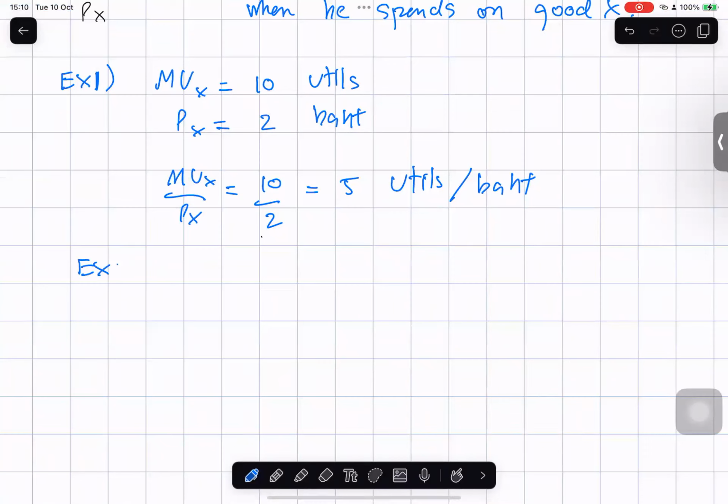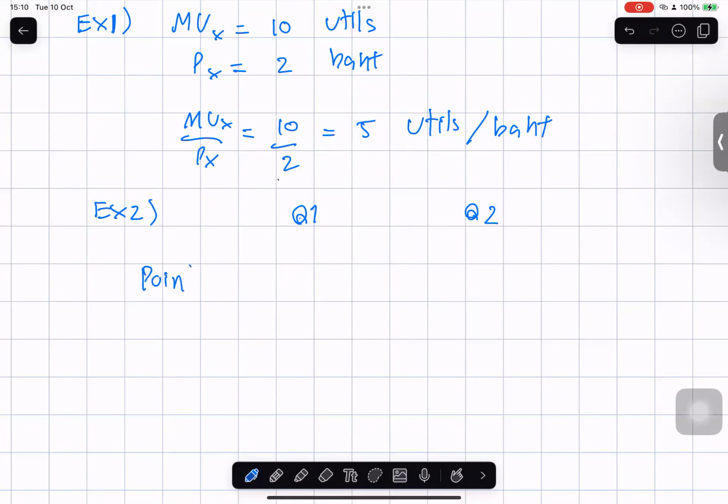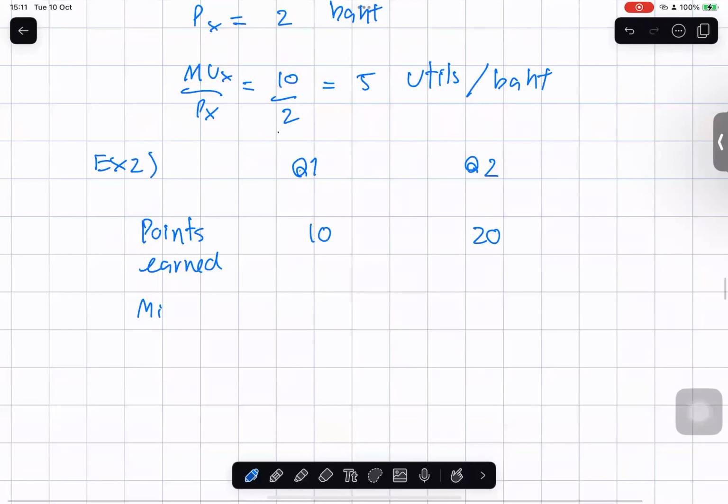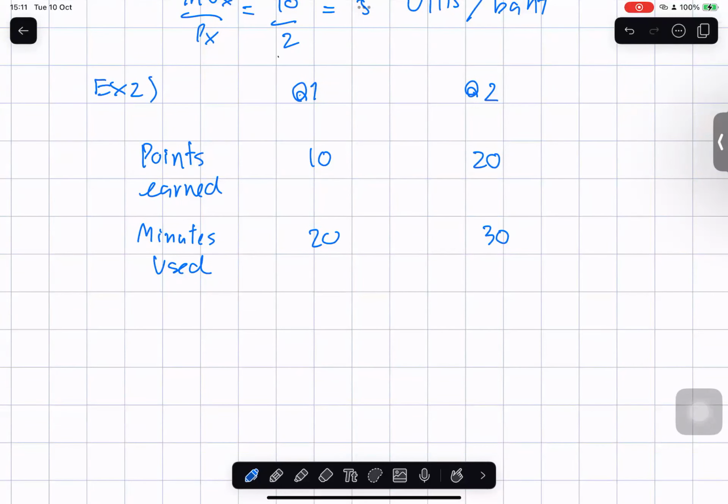Now, example number 2. So let's say we have 2 questions that we can spend our resources on.